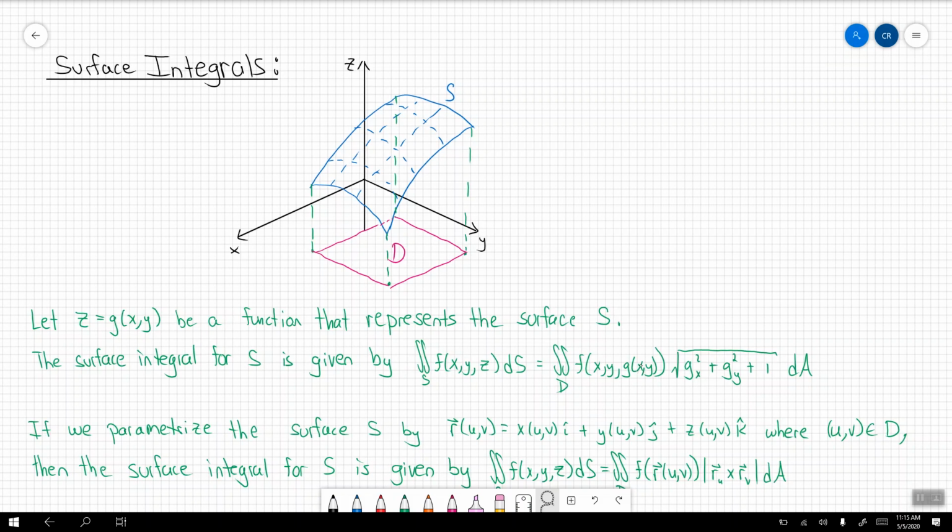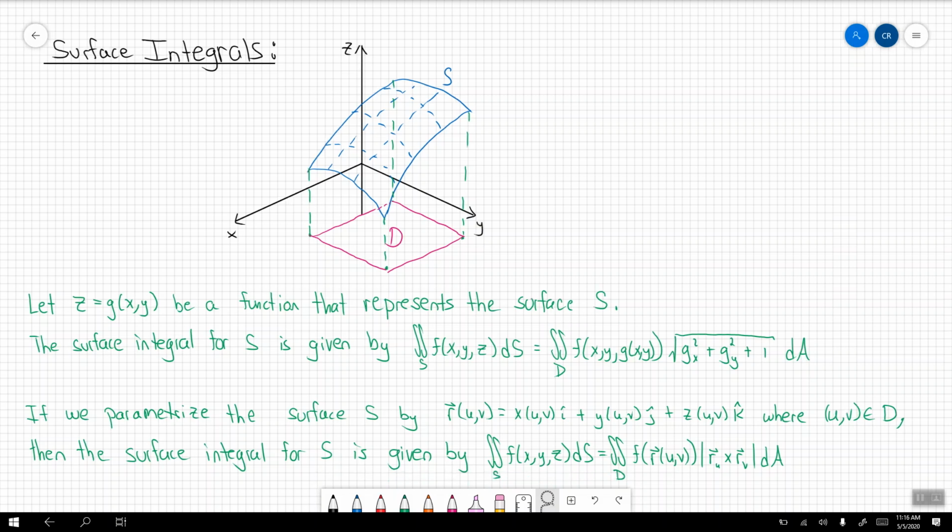Therefore, my insertion here just turns out to be g of x, y. But we're also going to multiply by this radical: the square root of the partial of my function g, which is defined by the surface, with respect to x, squared, plus the partial derivative of g with respect to y, squared, plus 1. And again, this is going to be with respect to the area in which the domain exists.